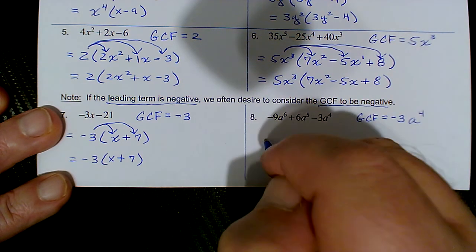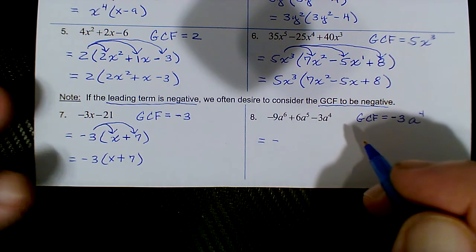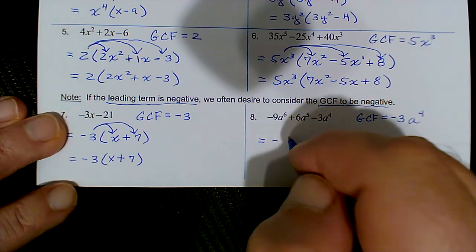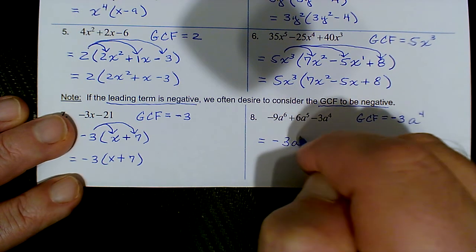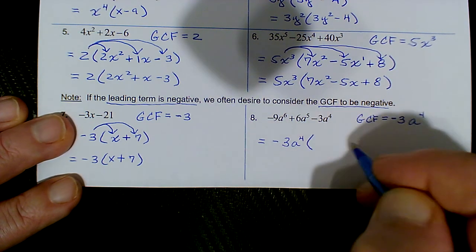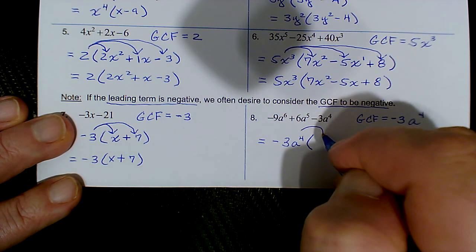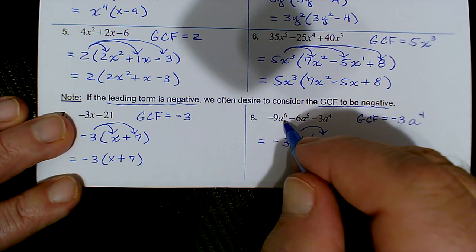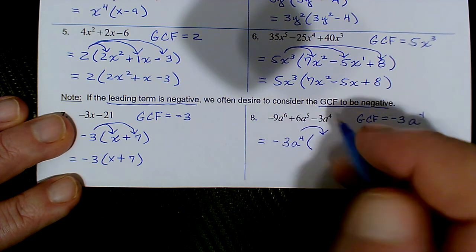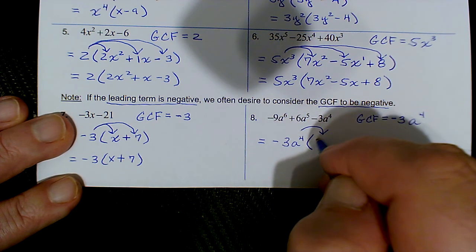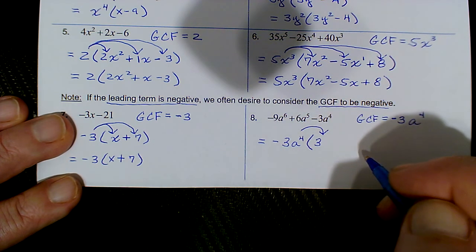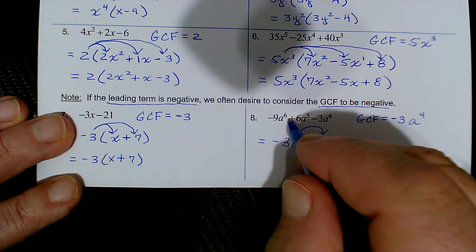So we write down our greatest common factor, negative 3, a to the 4th. Now there are going to be 3 terms in parentheses. To get negative 9, a to the 6th: negative 3 times 3 is negative 9, and then we're missing 2 factors of a, so a squared.